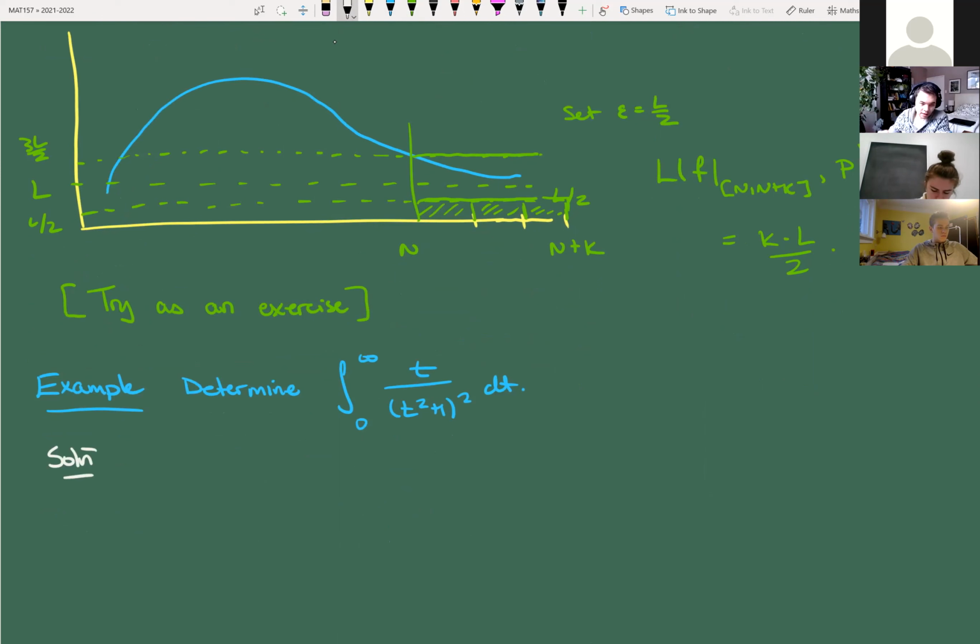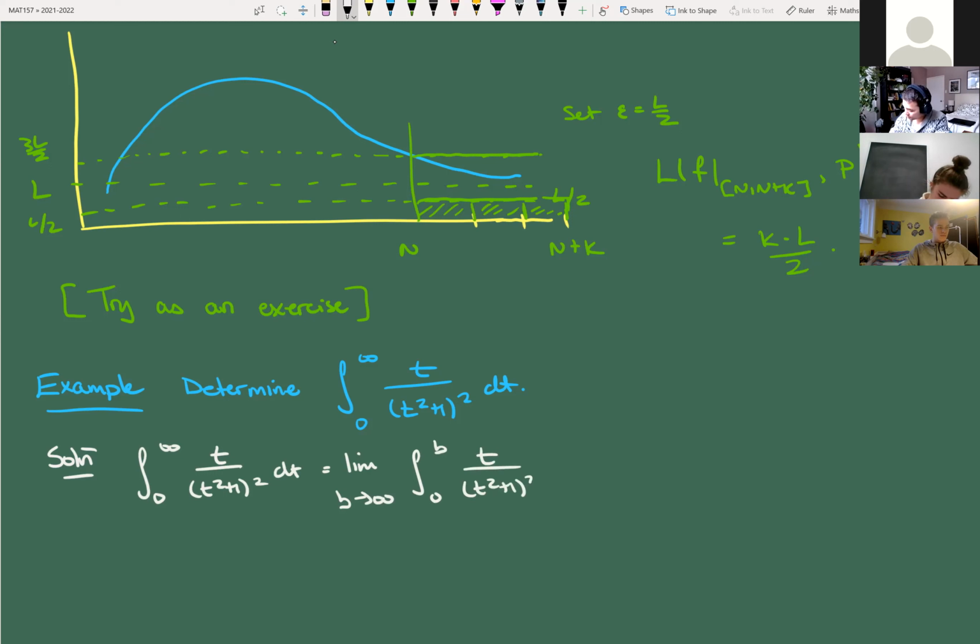And we set up like always, right? So the integral from 0 to infinity. Don't forget to put your limits in. Okay, I'm going to use a substitution.